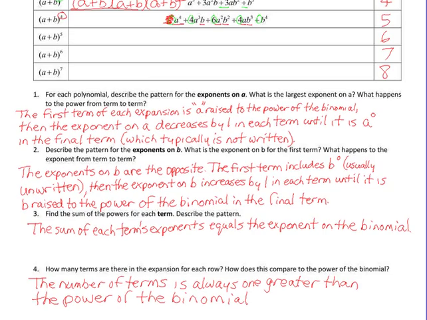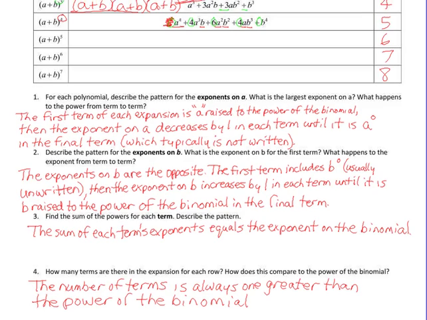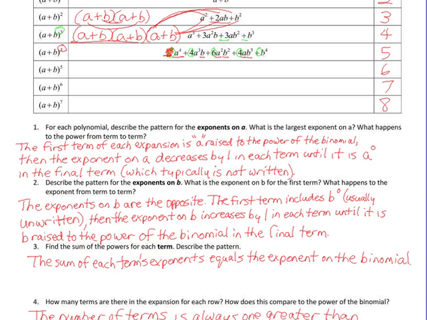Let's look at the final two, which will help us directly and indirectly with some of the problems on the back. Find the sum of the powers for each term. It so happens that each term's exponents in an expansion sum to the exponent on the binomial. In other words, A to the 4th, that's all I've got, so that has a degree of 4. 4A to the 3rd, B to the 1st. So you have 3 A's, you have 1 B, there's another 4.